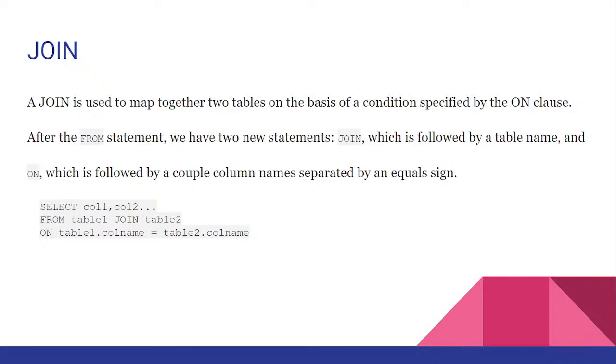So what we would be altering is the from clause, because from specifies where the data is stored. Earlier all you had was from table 1, but now since you need to get data from another table, you will add the keyword join, and then give the name of table 2.